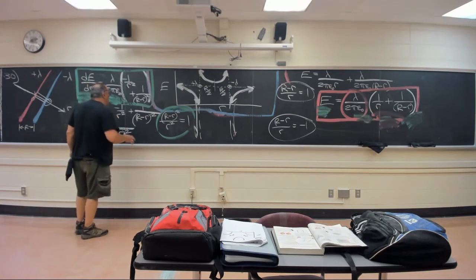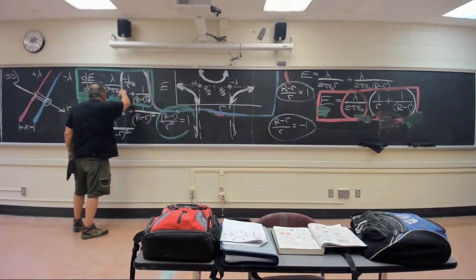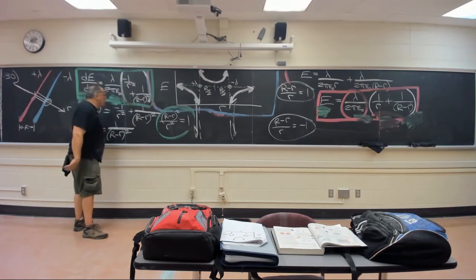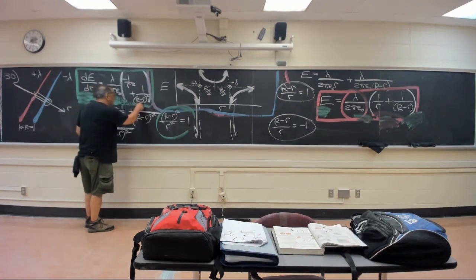If we're going to deal with very big positive values, a very big positive value of small r squared is huge. -1 divided by something huge is a very small negative number. This will be a positive number that's very small, and then there's a tug of war here, and maybe we can discuss it.